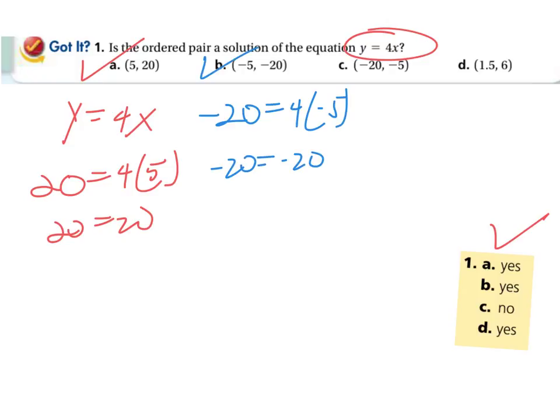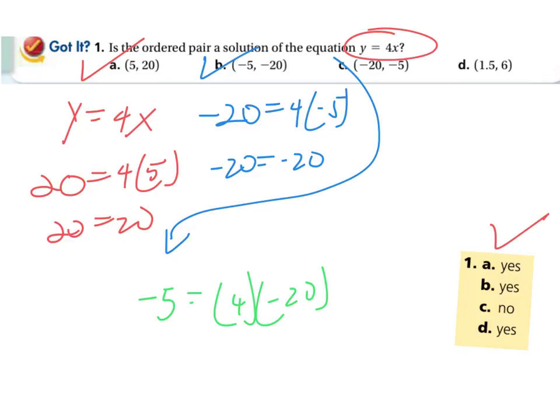So check, B works. C I'm going to do down here. We're going to try -5 equals 4 times -20. Well, that's not true. -5 does not equal -80, so no way.